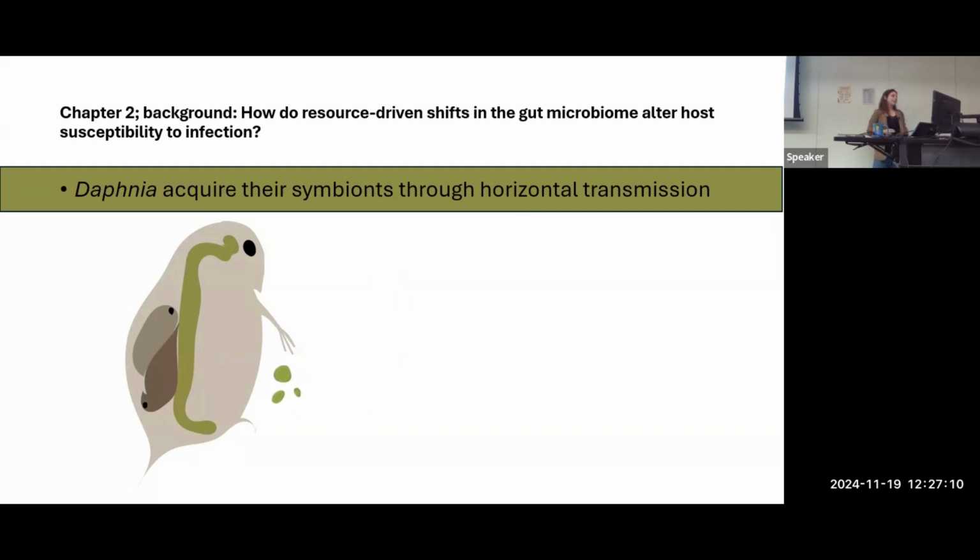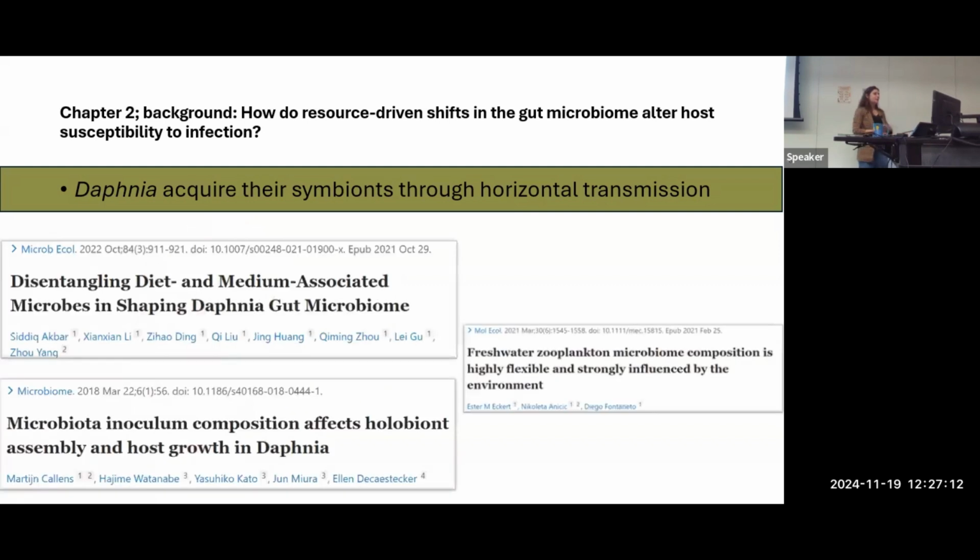Okay. So we do have some more evidence from previous research that shows if you provide different inoculums, if you stick them in different environmental types, your gut microbiome composition is going to be pretty reflective of where they are and who's present as a potential uptake in a symbiont.